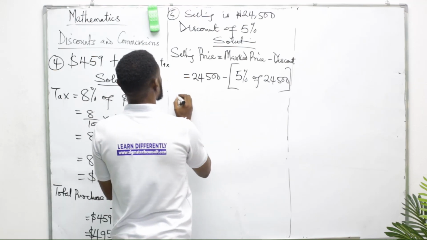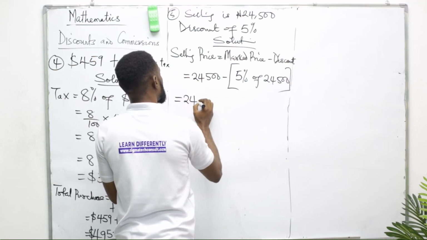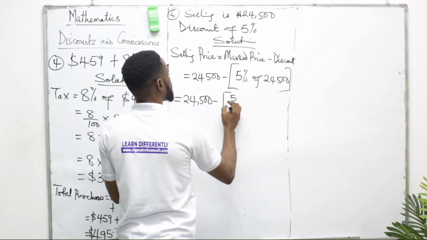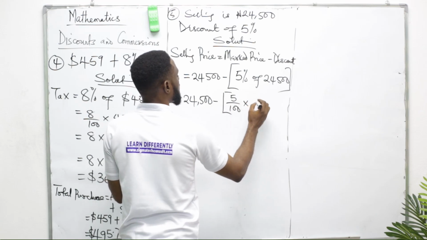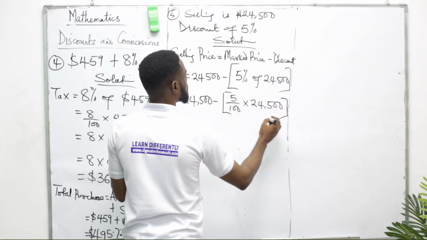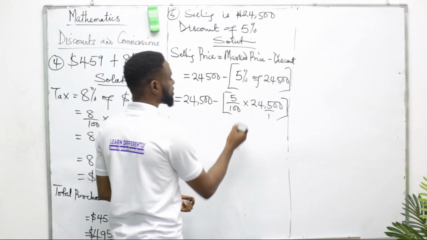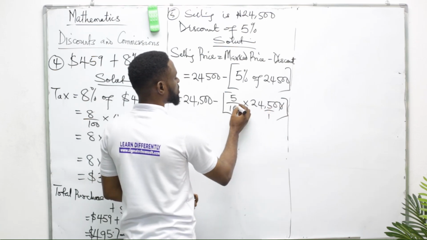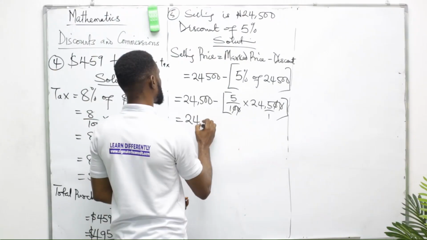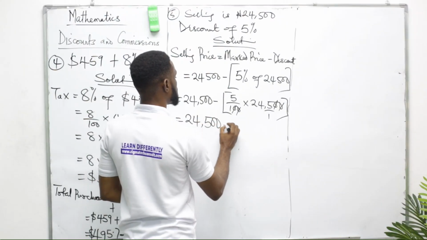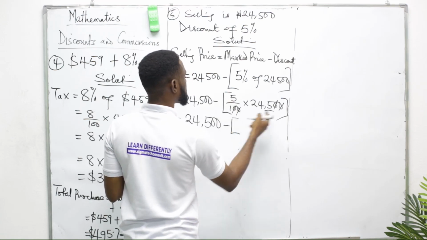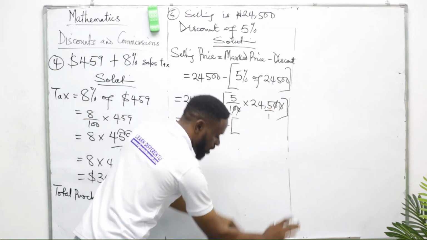So this will now be equal to 24,500 minus 5 over 100 multiplied by 24,500. Okay, you can put over 1 if you want to, all right? So 100 removes this, this removes this. So we are having 24,500 minus everything remaining here is 1 times 1 is 1, so it's off, okay?